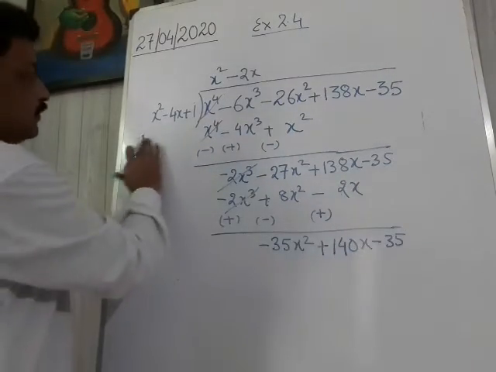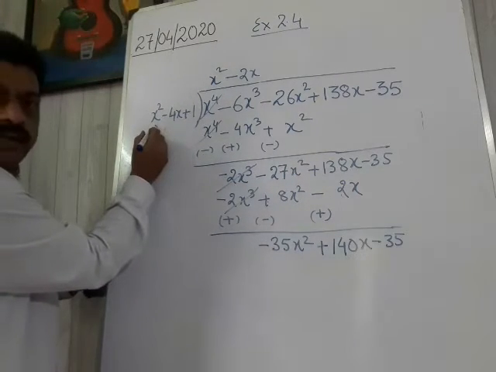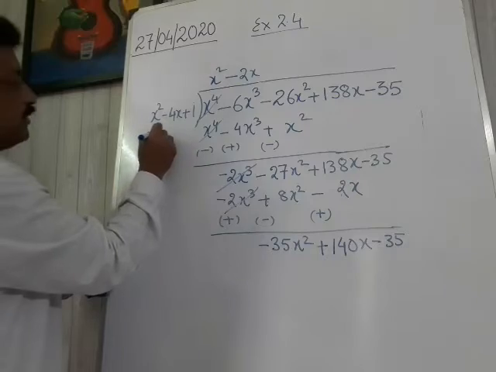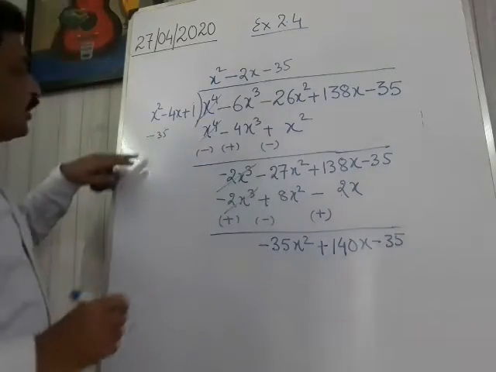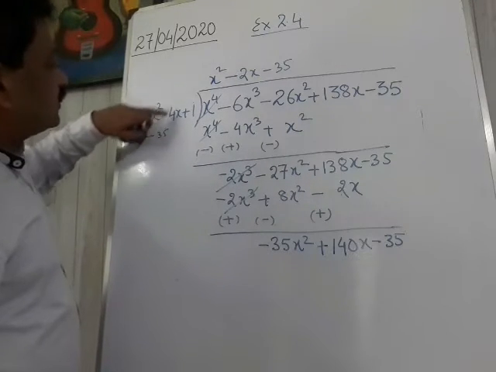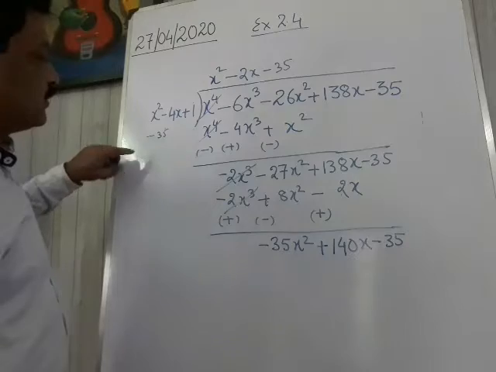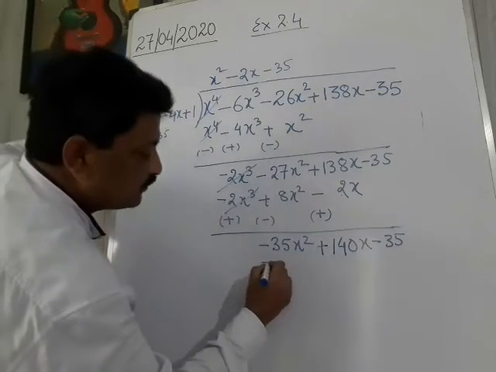Now here it is minus 35x square and here it is only x square. So we have to multiply with minus 35. Remember, whatever number we are taking here, this number will be multiplied with all three terms. So minus 35 into x square is minus 35x square.